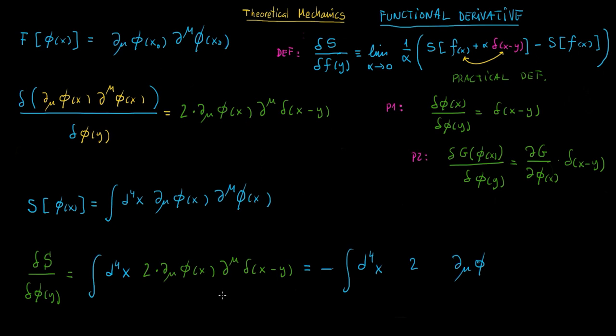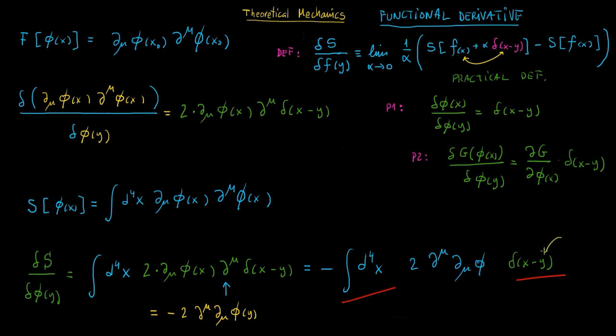So, as I was saying, let's perform the integration by parts. There appears a minus here, and this derivative is now applied to this other object times the Dirac delta function, and then we can cancel this integral with this delta, and the final result is, as it had to happen, minus 2 partial mu partial mu phi of y.